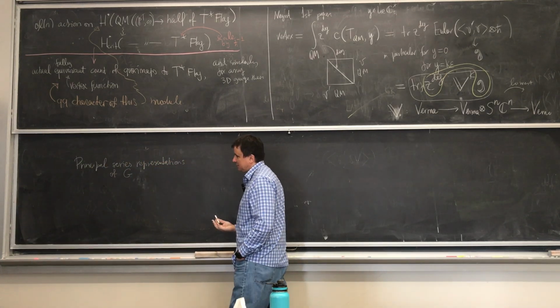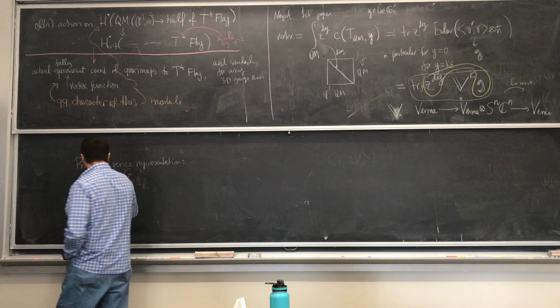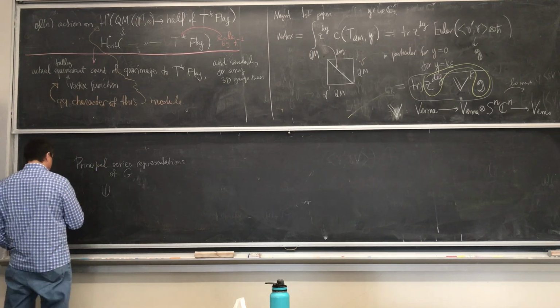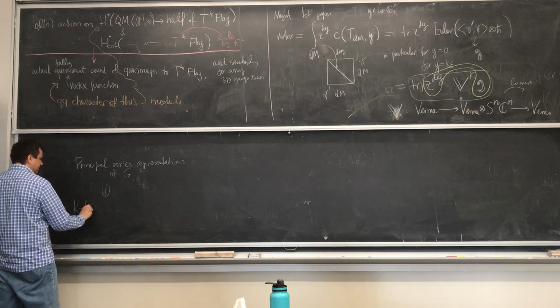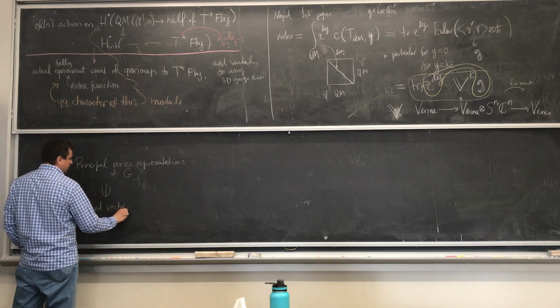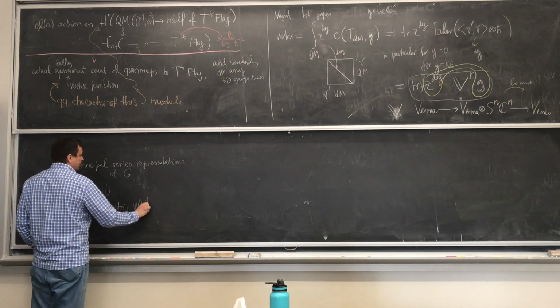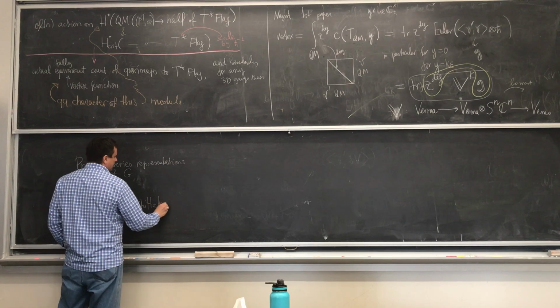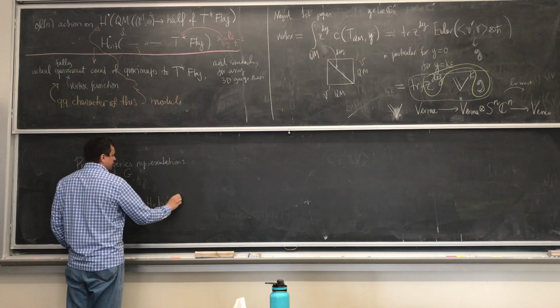And in this principal series representation of G, you can have a K-fixed vector, and may have a Whittaker linear functional.